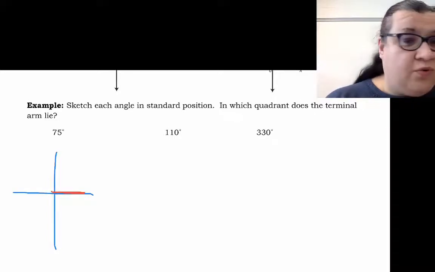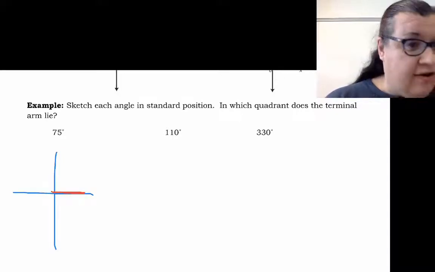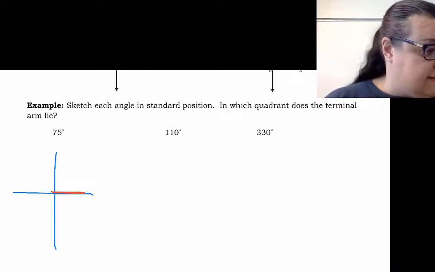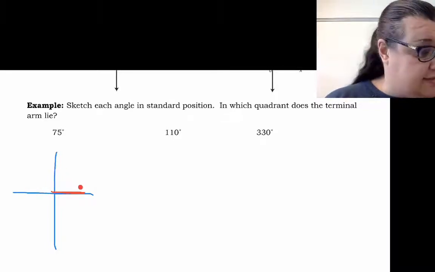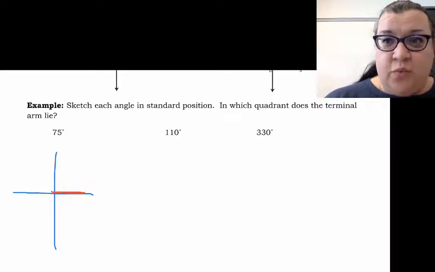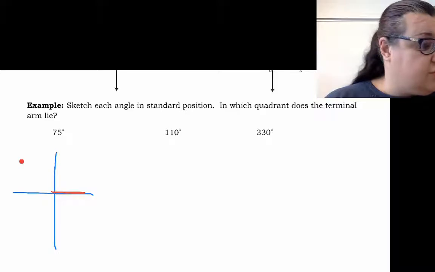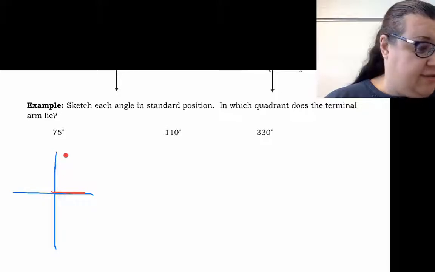So you really only need to draw your terminal arm. Okay, so for 75 degrees, that's less than 90, right? So your y-axis, if you think about it, from the initial arm to the y-axis, that's 90 degrees, right? So this is what's known as quadrant 1. Quadrant 2 is over here, and this is where angles that are between 90 and 180 would go, right?